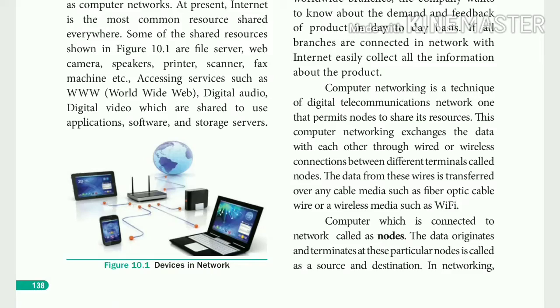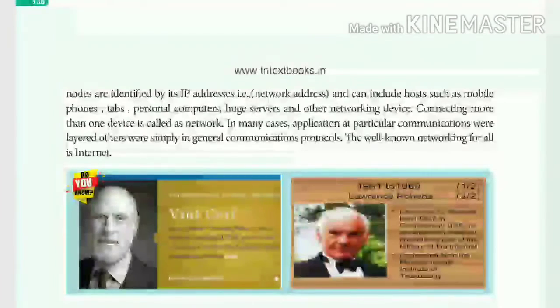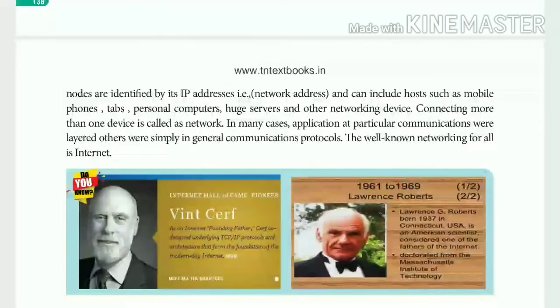Okay, so this is the basic introduction to the network. So each node is identified by using an IP address. So an IP address is an identification number. Okay, it is kind of like a telephone number or your mobile number to identify your identity in your network. Okay, so this IP address is used to identify a device or a node in the network.